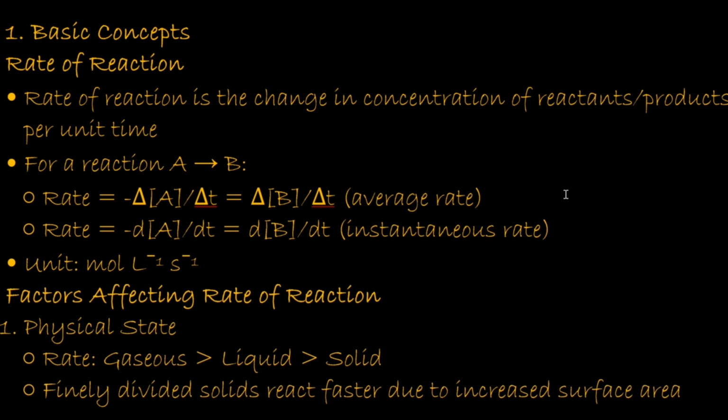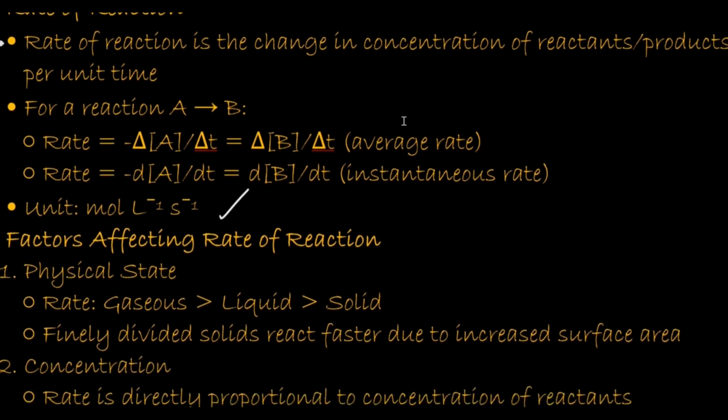So the rate equation can be written as change in concentration of A, d[A], divided by time dt, which will give you d[B] divided by time. The unit for rate of the reaction is mole per liter per second. So please note that this as a question can be asked.